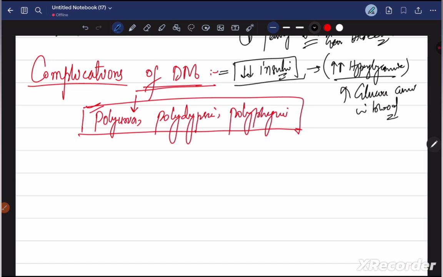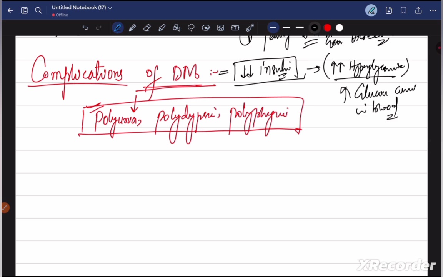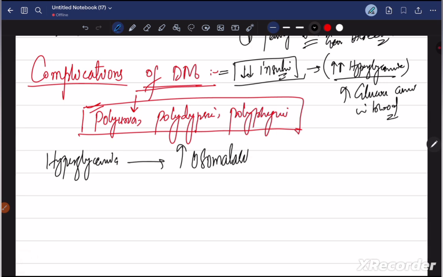Since glucose is a hyperosmolar molecule, because of this hyperglycemia there will be increased osmolarity, hyperosmolarity.